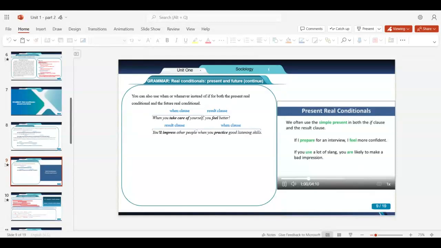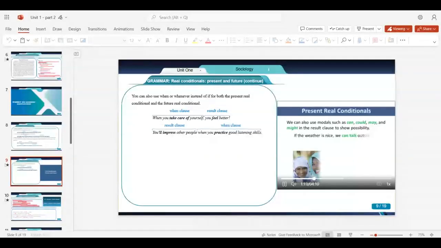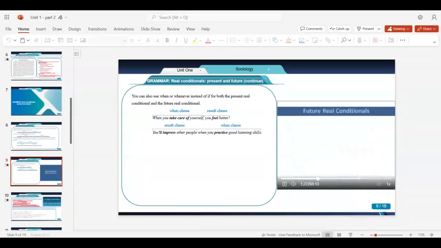If you use a lot of slang, you are likely to make a bad impression. We can also use modals such as can, could, may, and might in the result clause to show possibility. If the weather is nice, we can talk outside. If you are not polite, people may get upset.